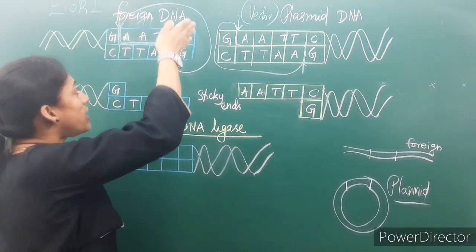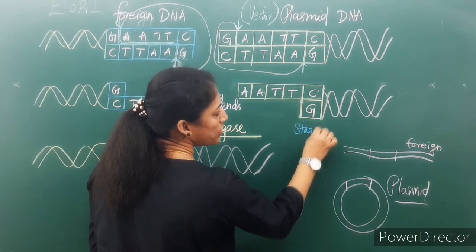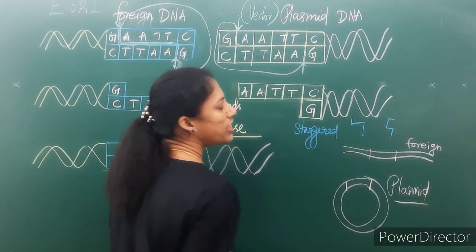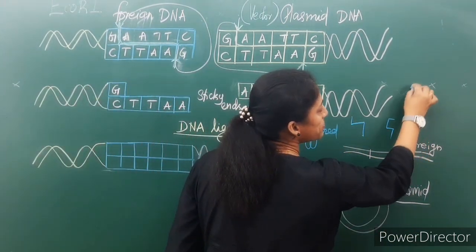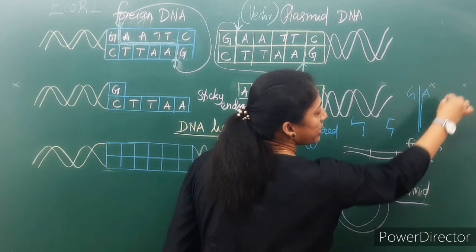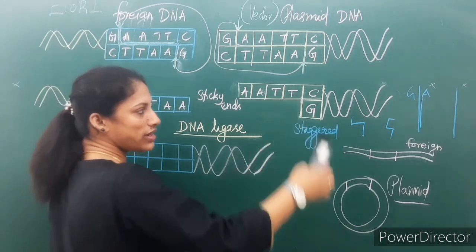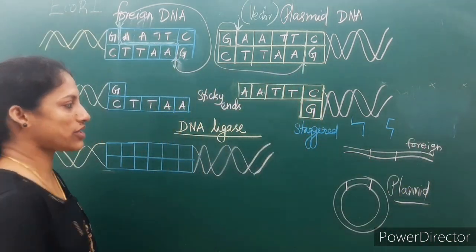This type of cut is called a staggered cut. Not a smooth cut, a staggered cut, like this cut. And the opposite: if the cut is producing a blunt end, not like a staggered end, then that is known as a blunt end cut.